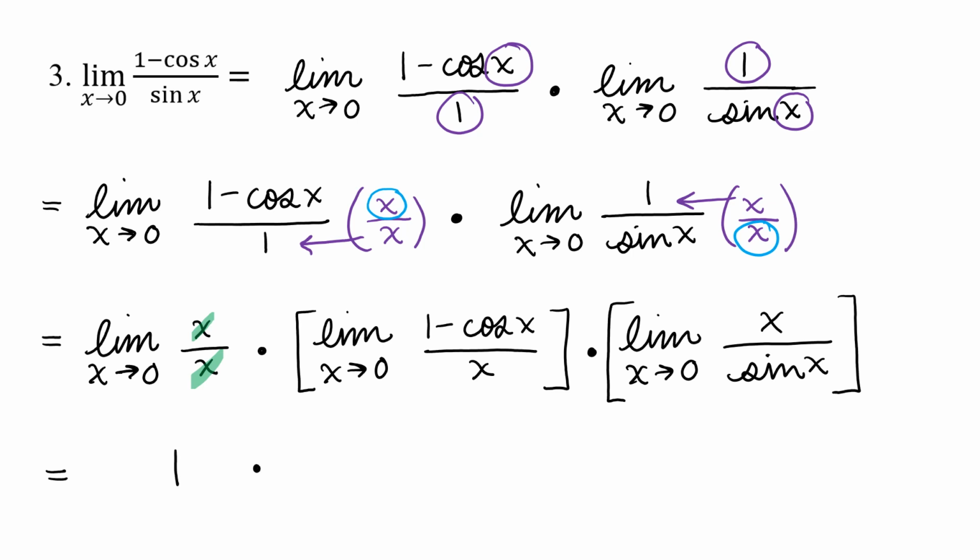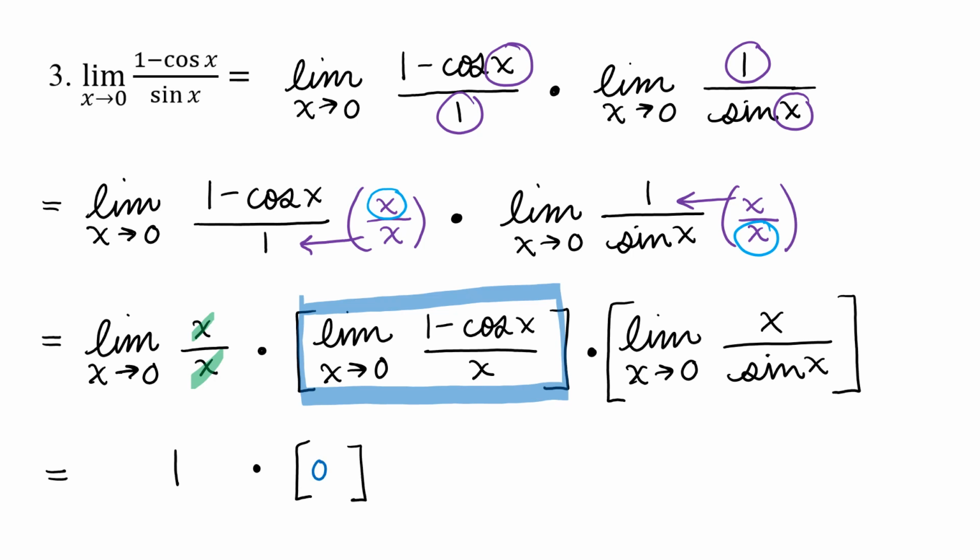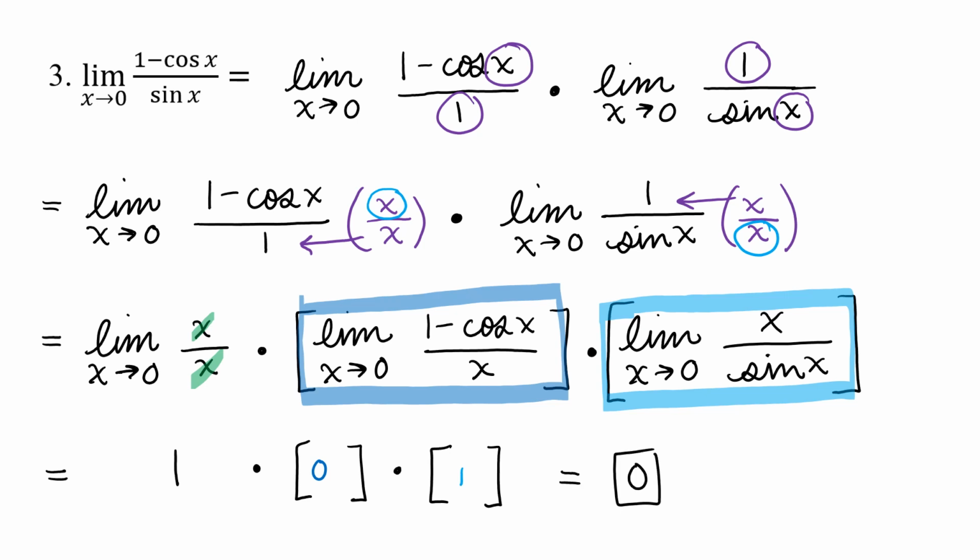So we have 1 times the limit as x approaches 0 of 1 minus cosine x over x is equal to 0, times the limit as x approaches 0 of x over sine of x is equal to 1. 1 times 0 times 1 is equal to 0. So that is what our limit evaluates to.